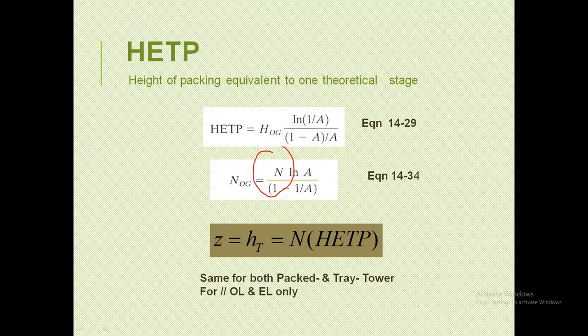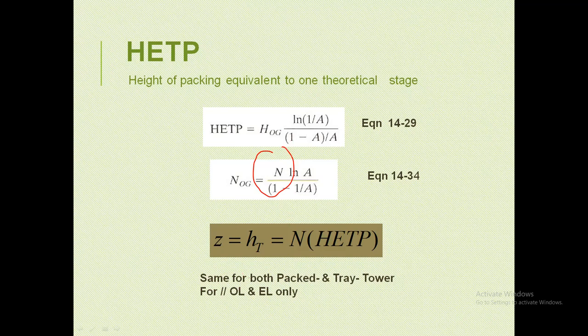So how do we use the HETP in determining the height? Z would be HETP multiplied by the theoretical number of stages. Though this particular set of formulas relating HETP to HOG and NOG to N are applicable only for systems in which your packed or tray tower has what we call parallel operating line and equilibrium line.